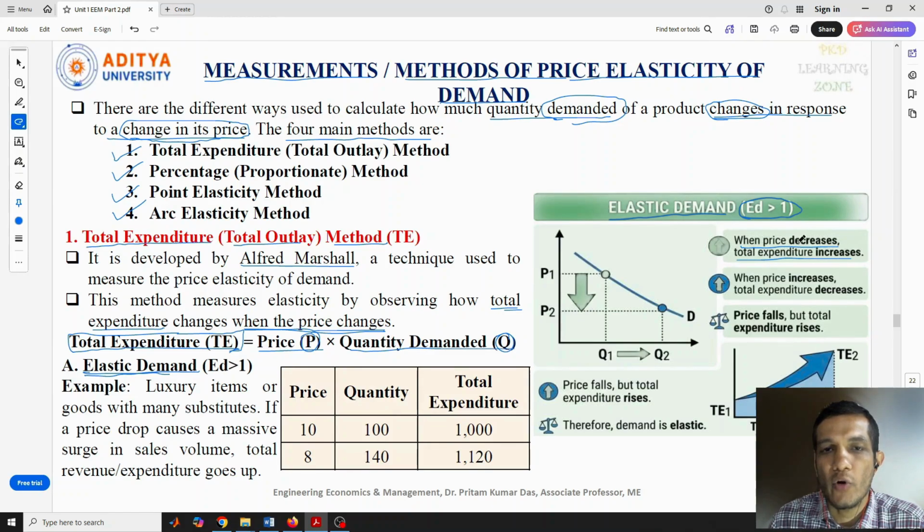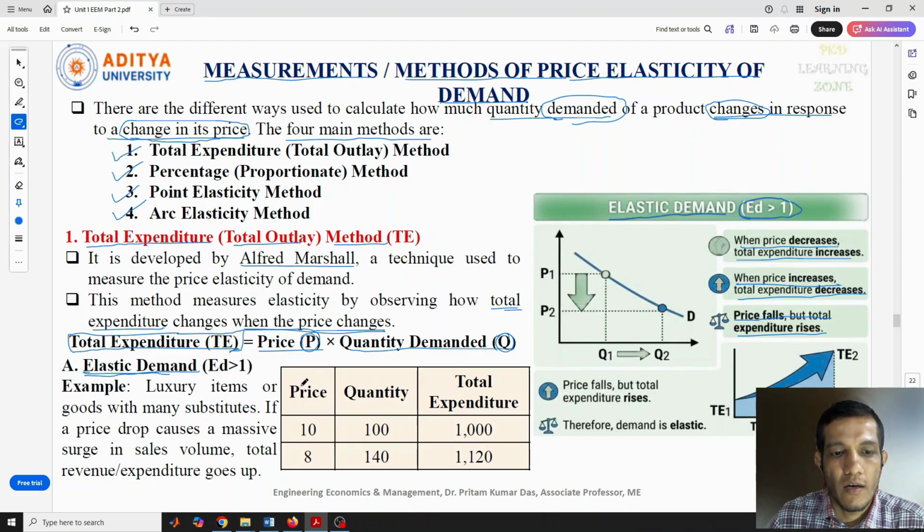When the price of the product increases, the total expenditure decreases, the vice versa. Or we can say, when the price falls, the total expenditure rises. We'll see this in the graph, as well as in one example.